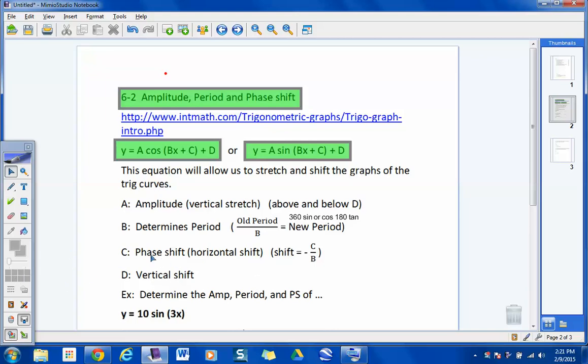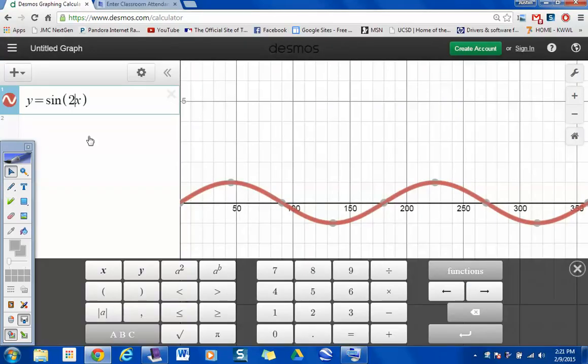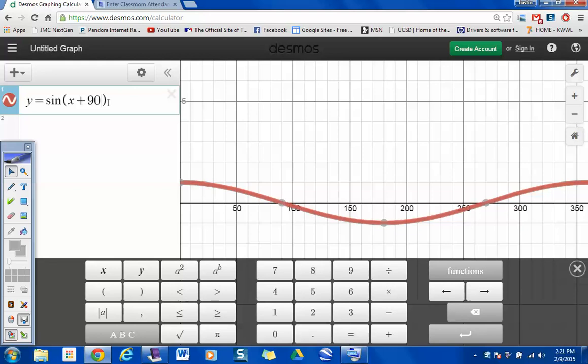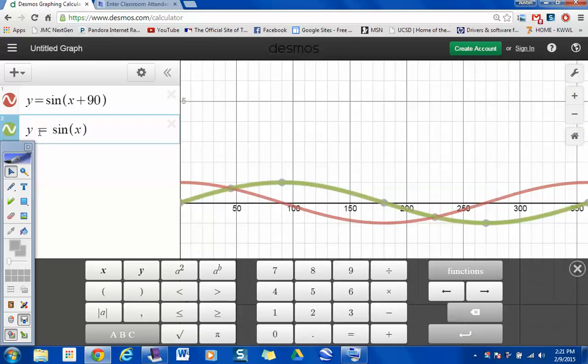So as an example right here, if I go back into this function up here, let's just say I've got the sine of x again, okay? Let's say I put in maybe plus 90 like this, and I'm going to put the original function, y is equal to the sine of x in here. If I go plus 90 right here, you guys see how this point at 180 degrees is now shifted over to, see where I'm pointing right here?